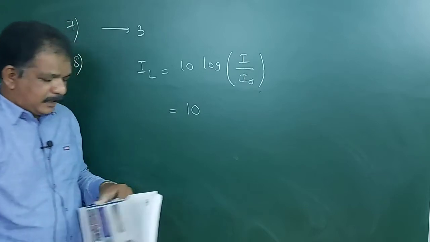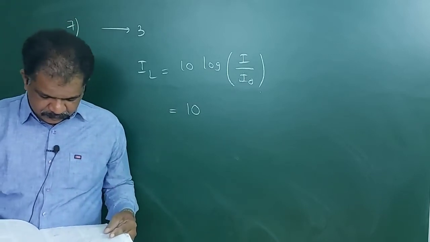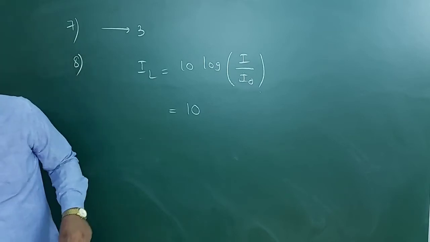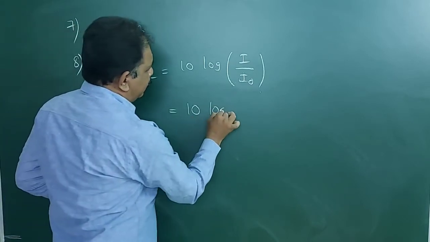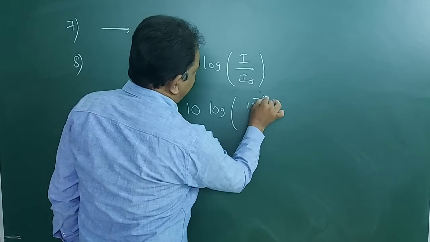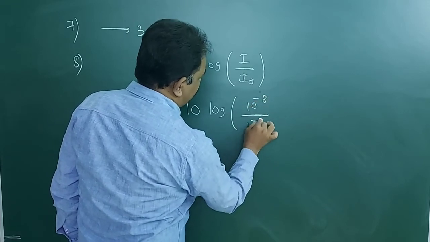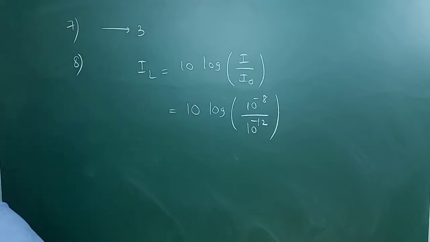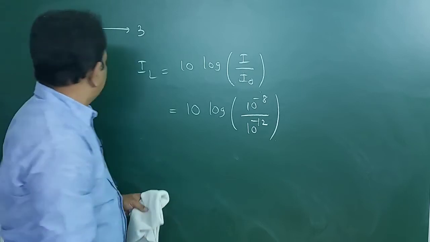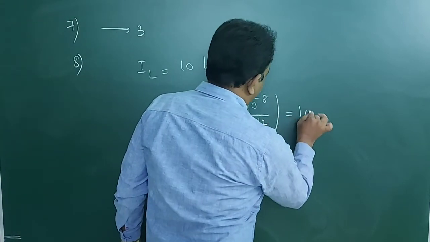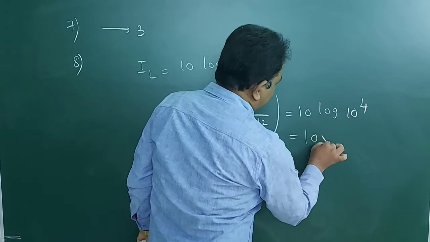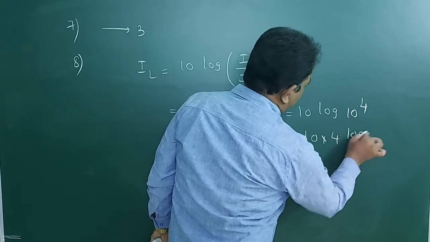So this is 10 log. I is 10 power minus 8, they give. I naught will always be constant, 10 power minus 12. So 10 into log 10 power 4, that is 10 into 4 log 10.